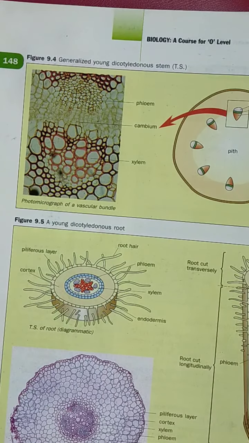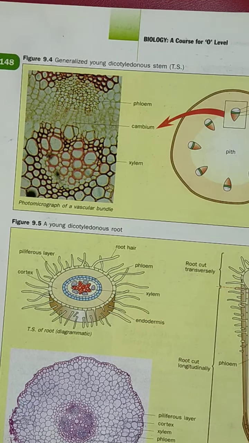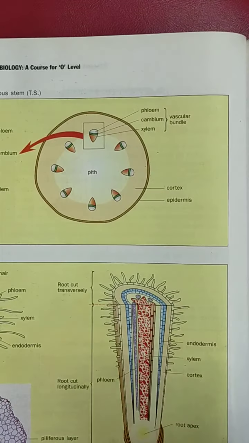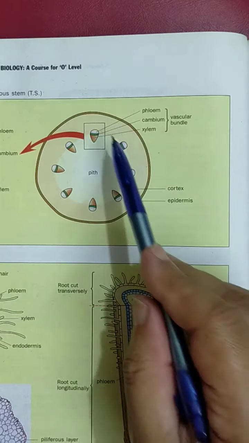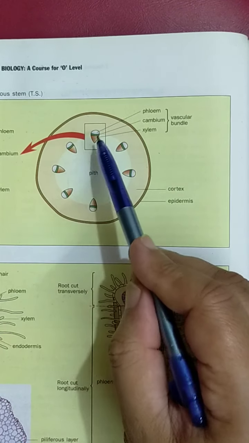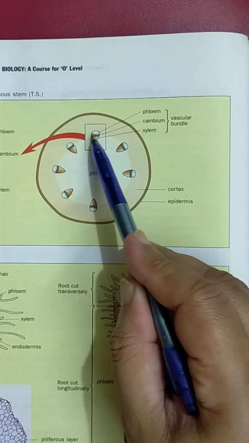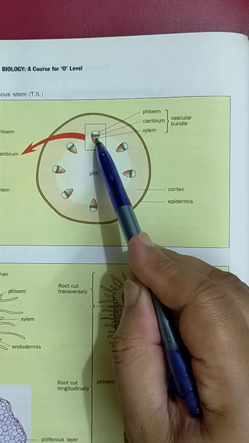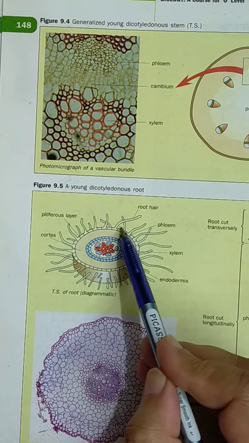So here you can observe the structure of xylem and phloem as shown. This is the structure of the stem. In a dicotyledonous stem the vascular bundles are present in ring form, with phloem on the outer side and xylem on the inner side, and cambium in between. But in the case of the root you can see the piliferous layer is present.